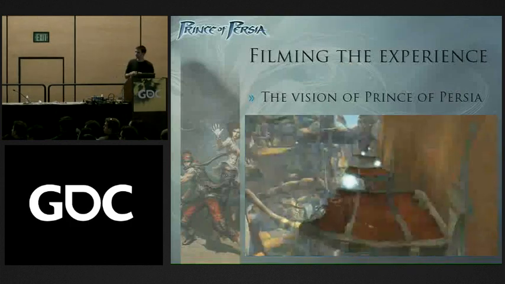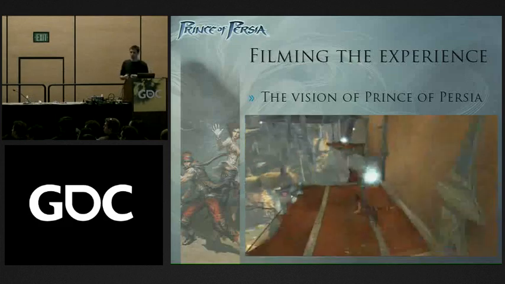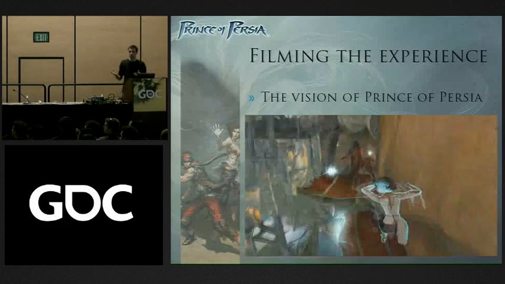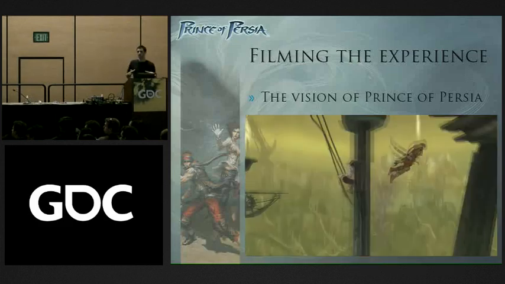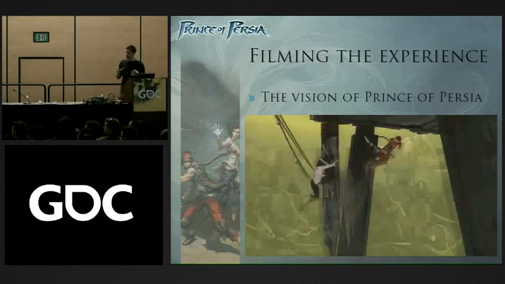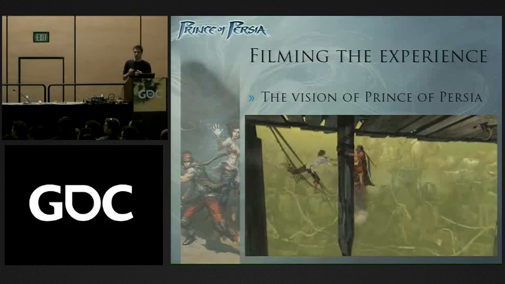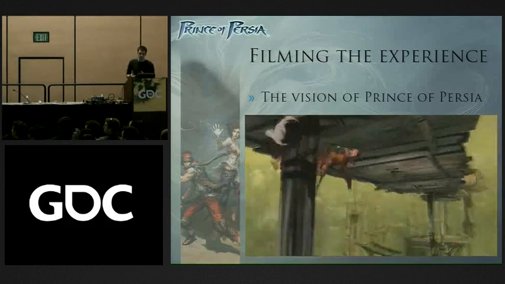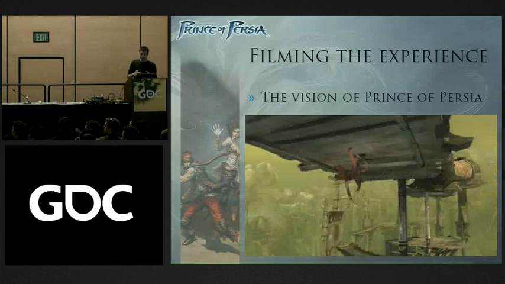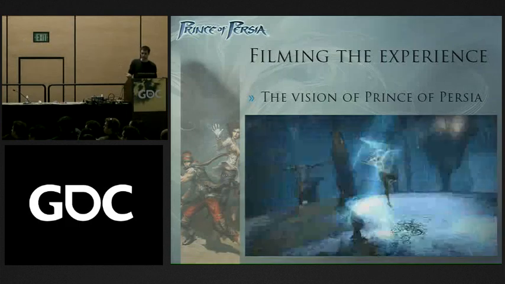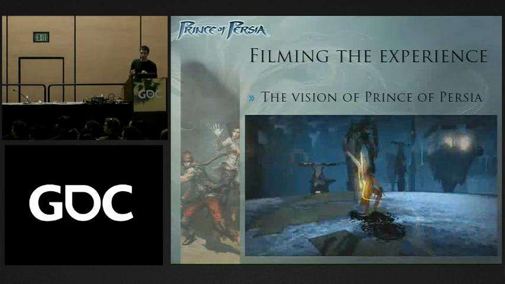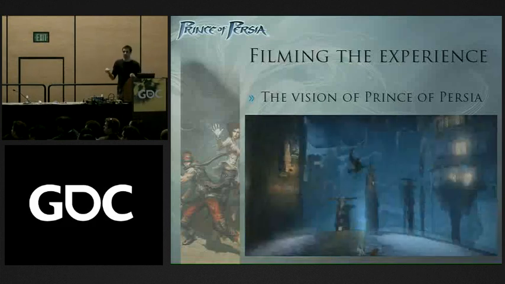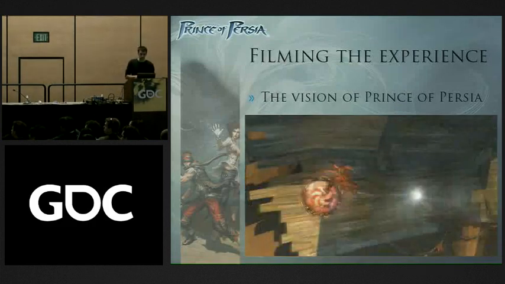You can see here, the prince is running on walls, is jumping everywhere. There's a lot of acrobatics, and we wanted to have a camera that really shows all of this in a very fluid way. We also wanted to show gameplay elements, such as here, once you are on a column, you want to see the next gameplay ingredient you'll have to use.